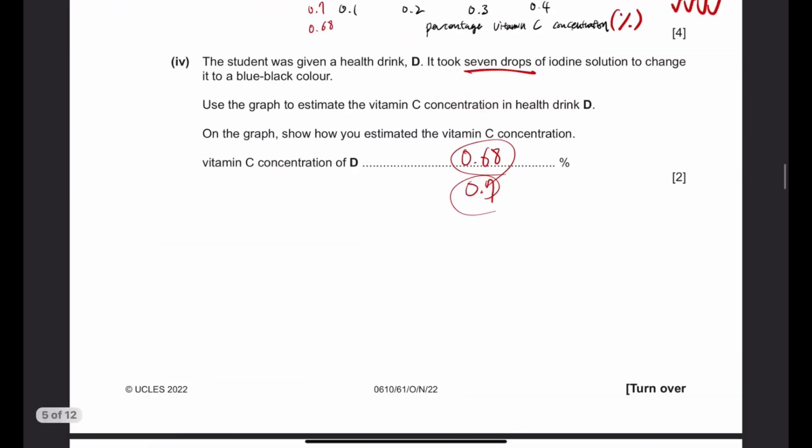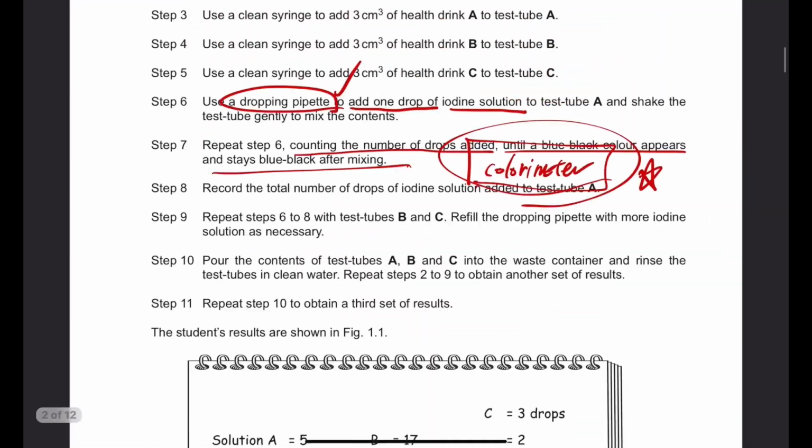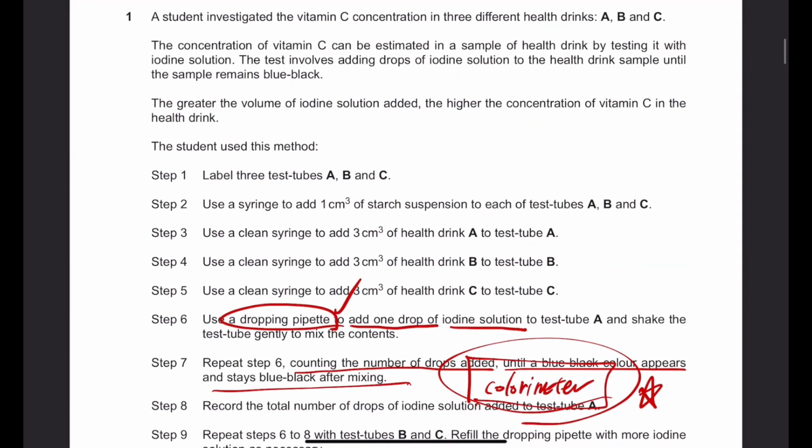I'm not talking about this topic, but just the very first question.